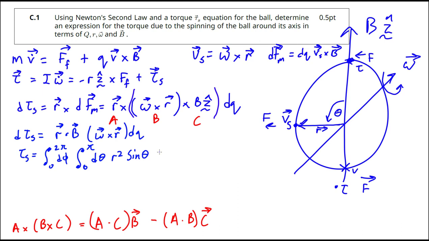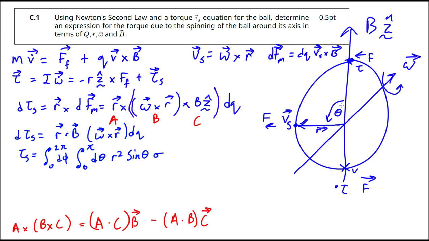We've got to integrate essentially over the area. So to get this dq here, essentially it's the area, this d phi and this d theta, multiplied by charge density, which I'm going to call sigma. And then of course we've still got our terms from before, where we have r dot B and the cross product between omega and r. Now for r dot B here, the angle between r and B is not a constant.